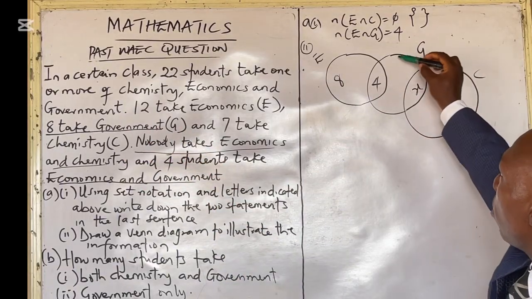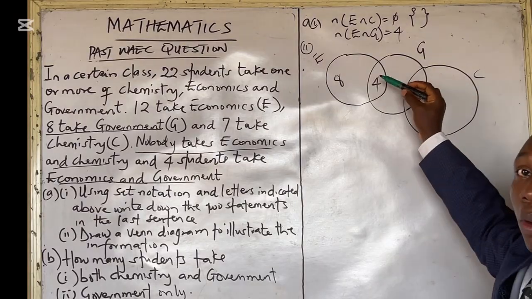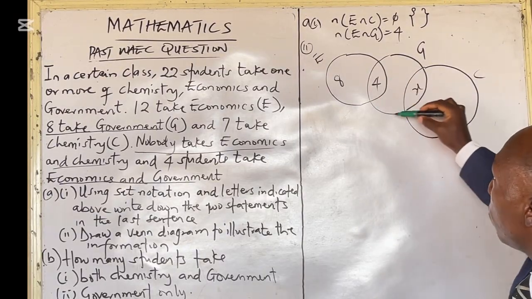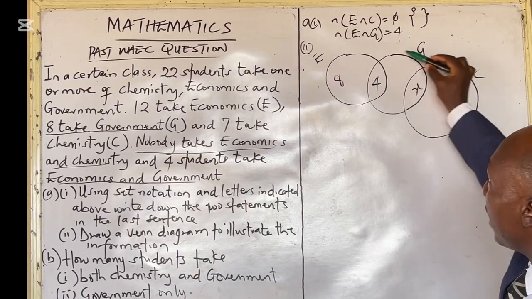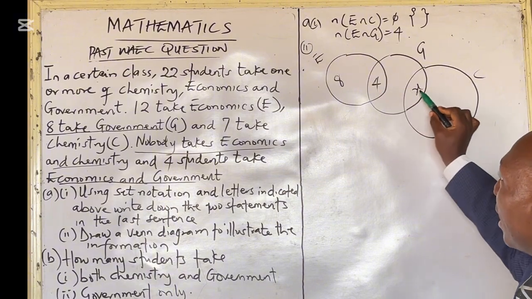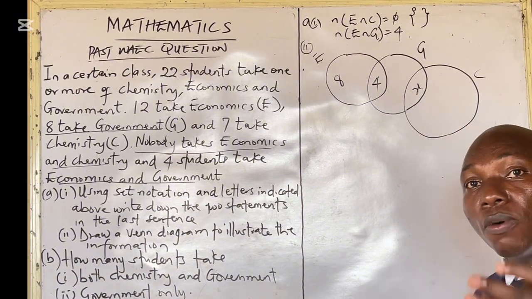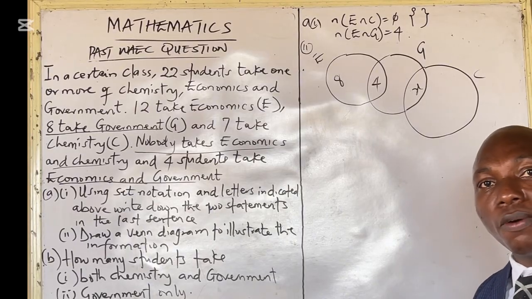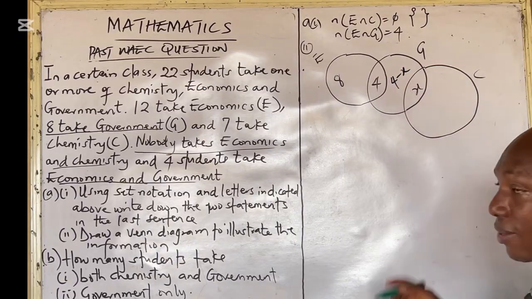The total of this circle is 8. We have 4 and x in the circle, so the remaining part will be 8 minus 4 minus x. 8 minus 4 is 4, and 4 minus x. So this place is 4 minus x.